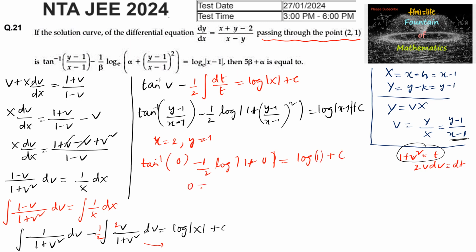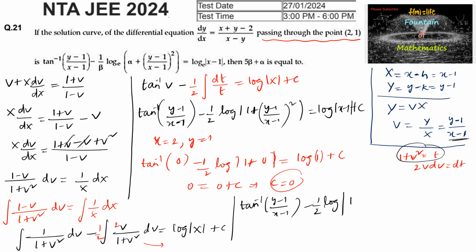So we have 0 is equal to log 1, 0, plus c, which implies c is equal to 0, and hence we can conclude that tan inverse of y minus 1 upon x minus 1 minus 1 by 2 log mod of 1 plus y minus 1 upon x minus 1 whole square is equal to log of x minus 1 plus 0.